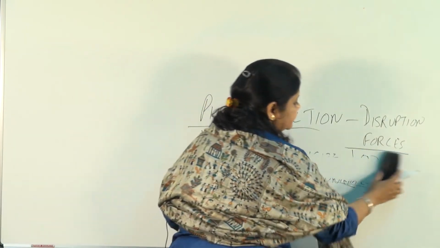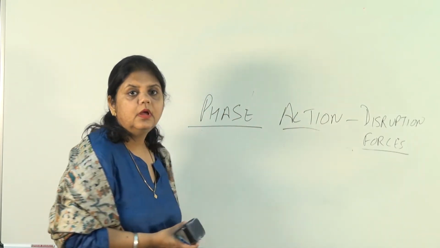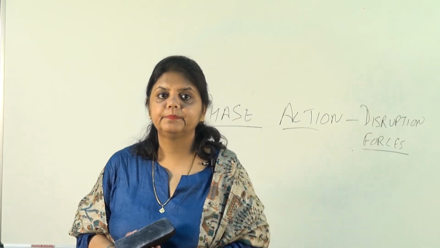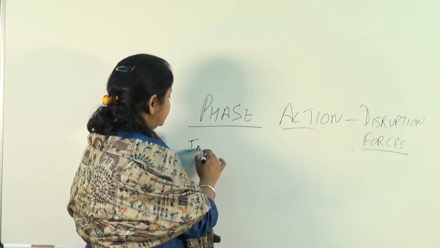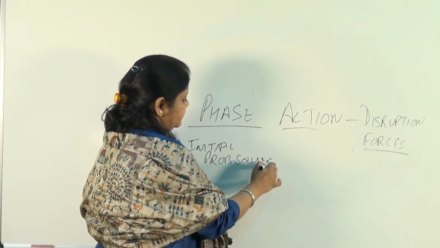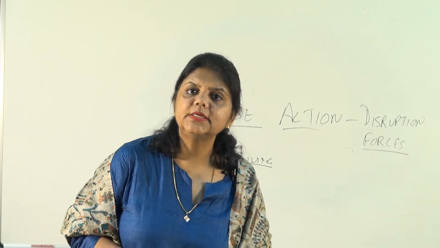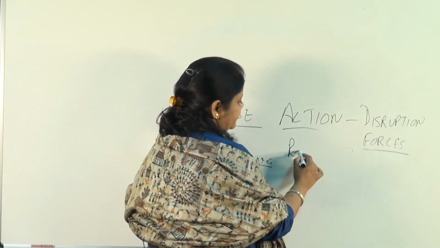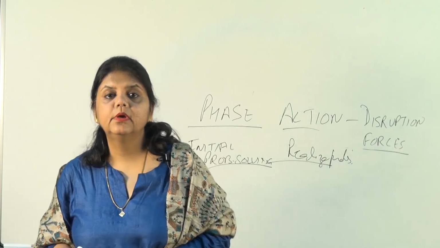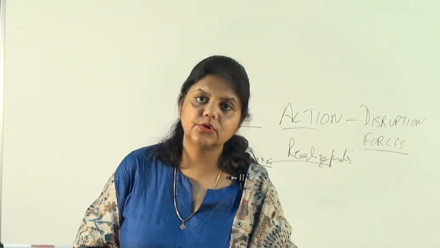The second phase for quality circles is initial problem solving. The action that can be taken here is to realize the problems, wherein the disruption force can be inadequate process knowledge.